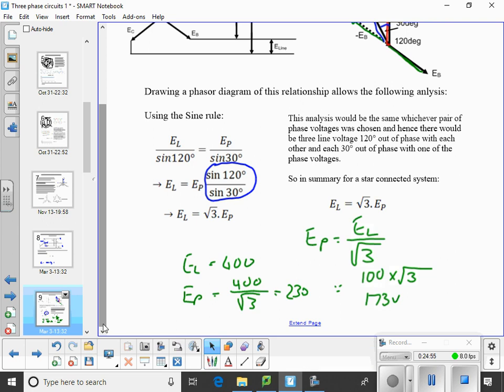Yeah. So that's where your 400 and your 230 come from. On your systems that you're used to, you've got a dual voltage system because you get 400 volts between phases and 230 volts between phase and neutral.